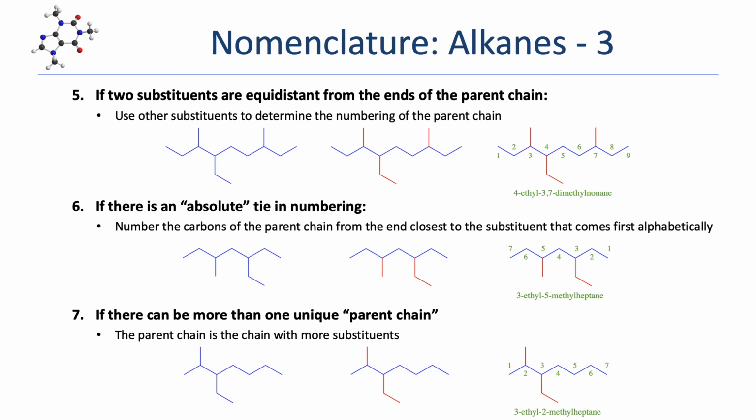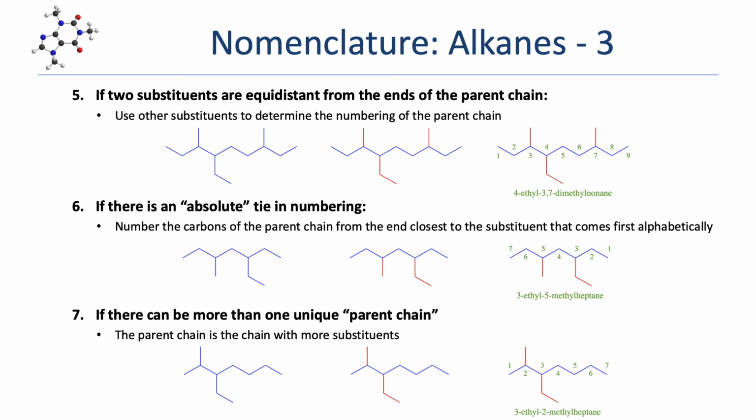Starting from the left, if we go and ignore the methyl group, we would get to the ethyl group on 5. And if we start on the right and we ignore the ethyl group, we would get to the methyl group, but again on 5. There's only 2 substituents and they're equidistant from the ends, so there's really no other way to break the tie. So what we do here is we simply rely on the alphabet.